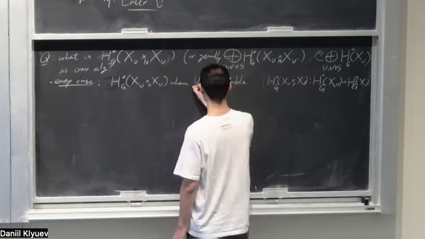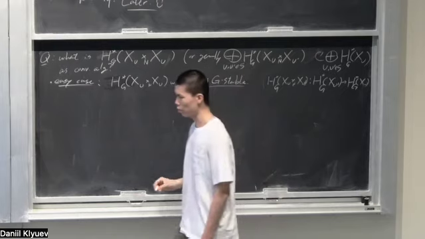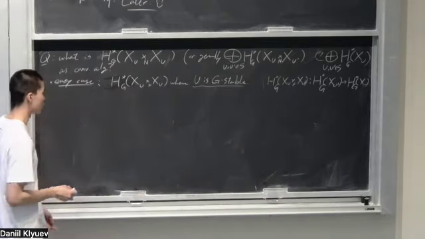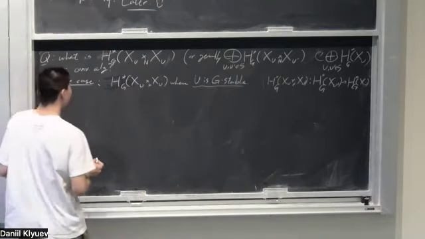Usually we require that U be B stable, but if it's G stable, what happens?